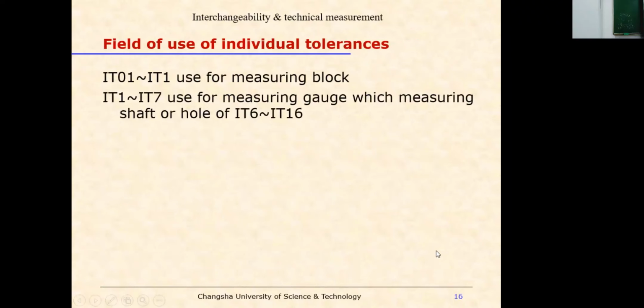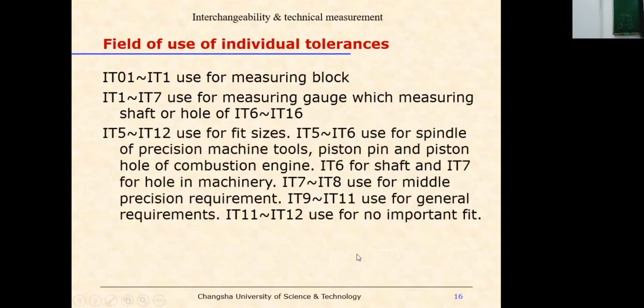IT1 to IT7 is used for memory gauges, with memory shaft and hole of IT6 to IT16. This is for the memory gauge, which measures the shaft and the hole. So standard gauge. IT5 to IT12 is used for fixed sizes.